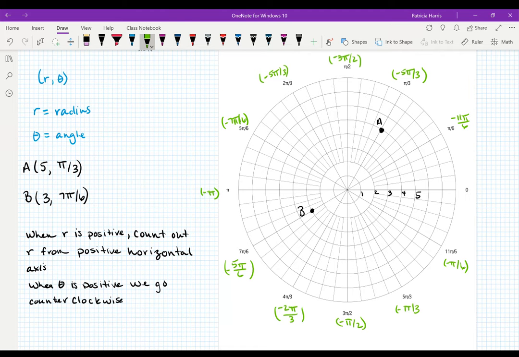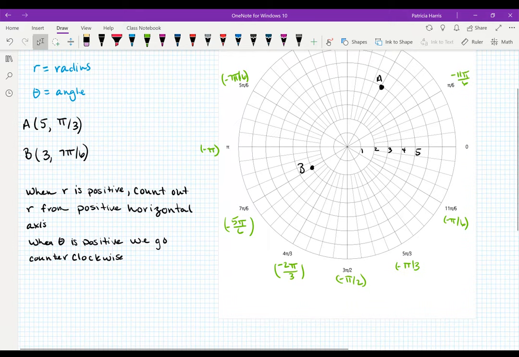All right, so let's try a negative theta. Let's say I wanted to graph the point C: 4, negative 2 pi over 3. So we count out 4, and then we go clockwise, 2 pi over 3, like that.